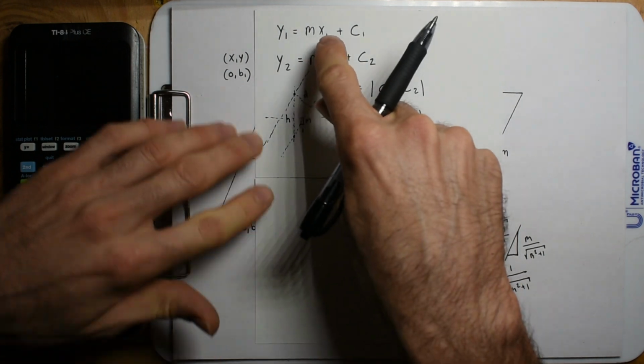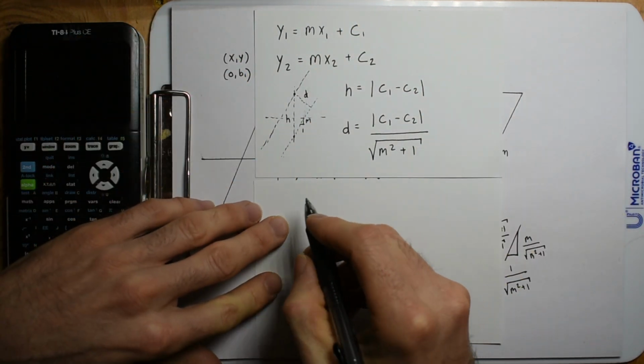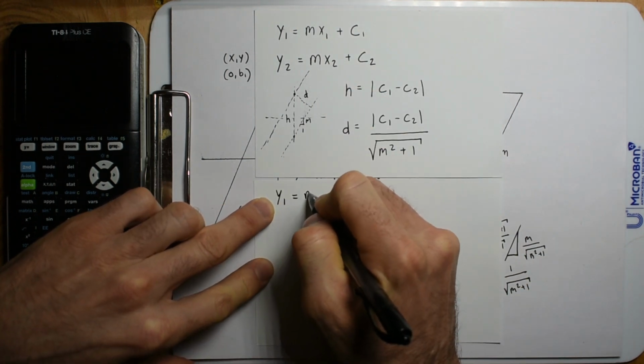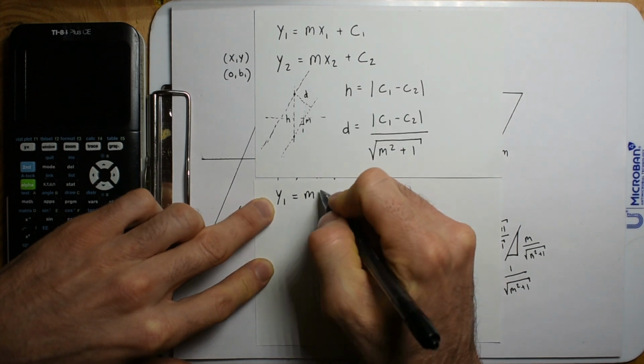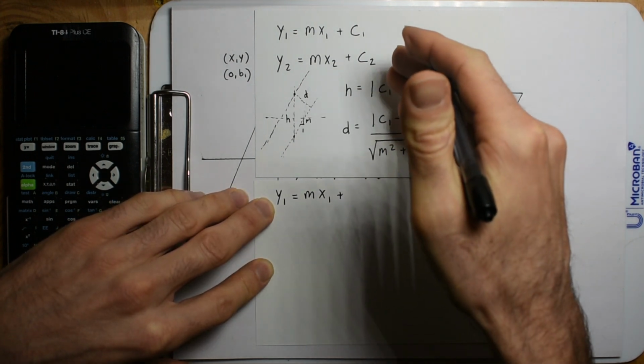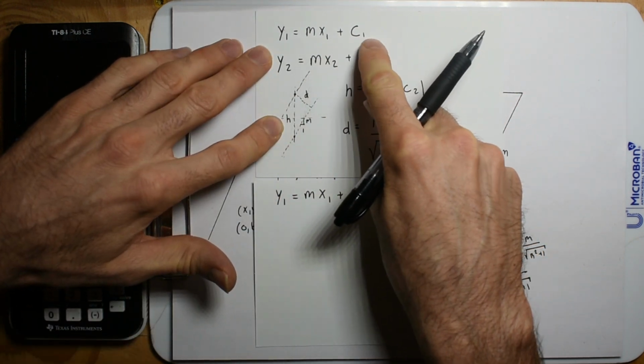So I'm going to write this in y-intercept form. It's not the matrix form, it's just the y-intercept form. I have a line y1 equal to the slope, and the slope of both these lines is going to be the same, times x1.